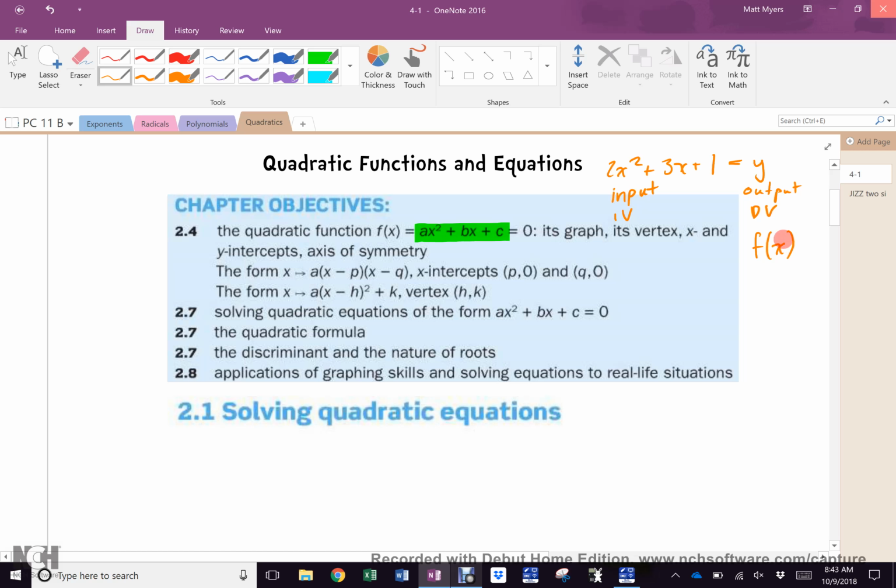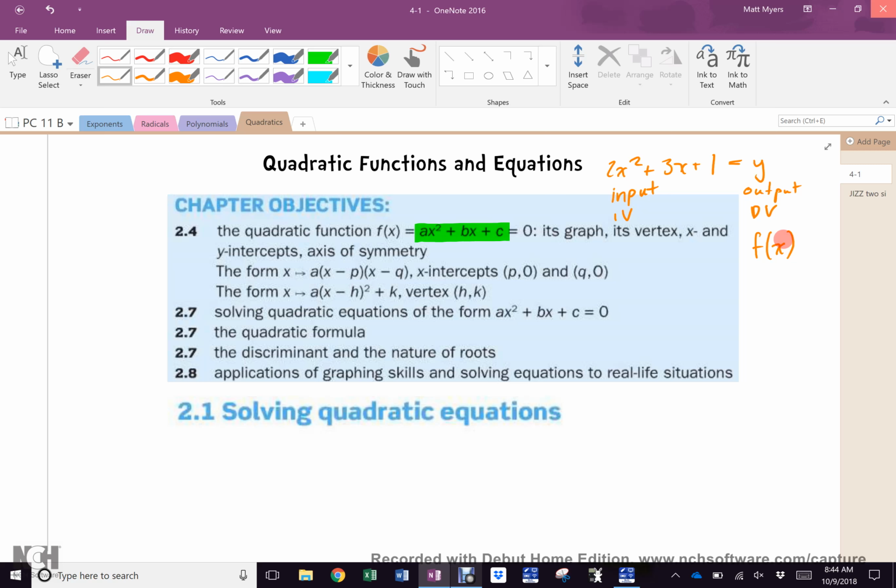Everybody remembers this, yes? And in the 10th grade, all your output made nice straight lines, right? Unless you were in pre-dip 10 and then you saw some curves. But we didn't actually do any work with the curves. Yeah? So everybody is cool to there.